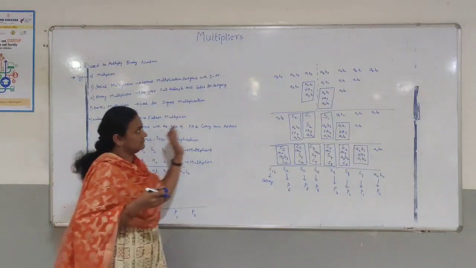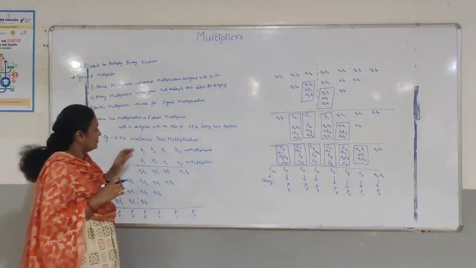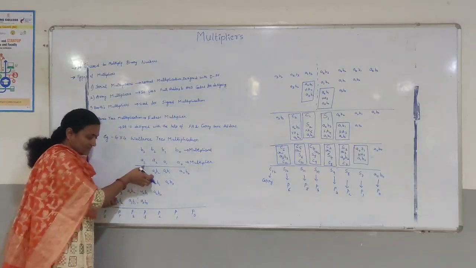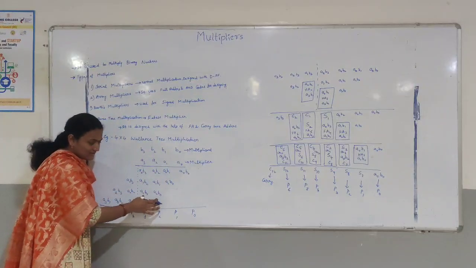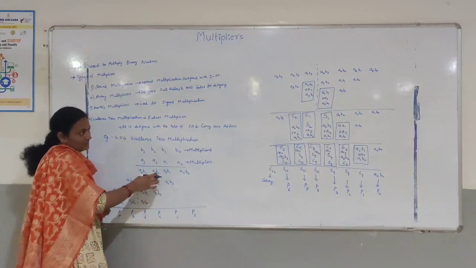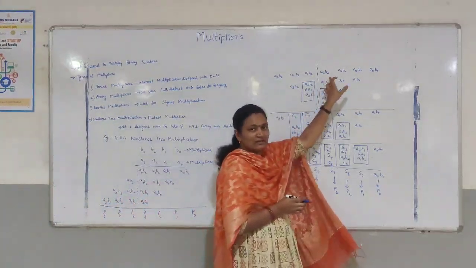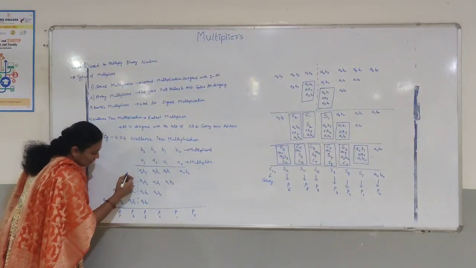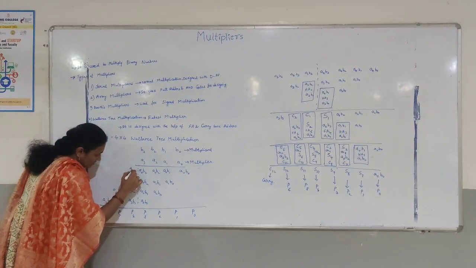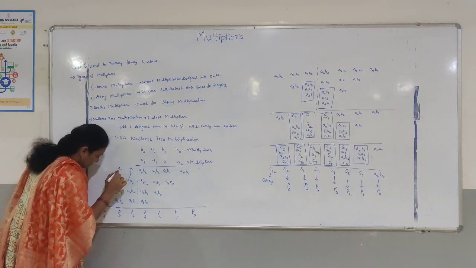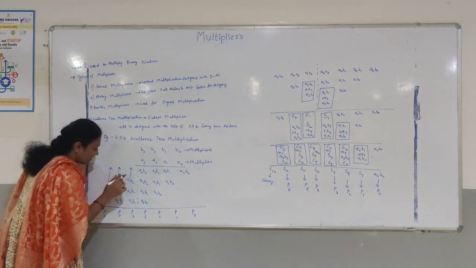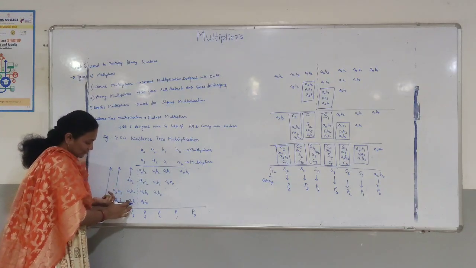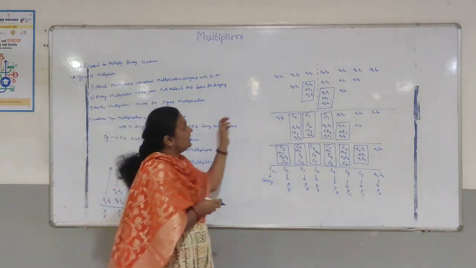Now I will give the design of this 4 into 4 balanced multiplication. First, for the design, write all these product terms as they are here. Next, whatever is left after these dotted lines, move in the upward direction and write A0, B3, A2, B2, A3, B1 here.